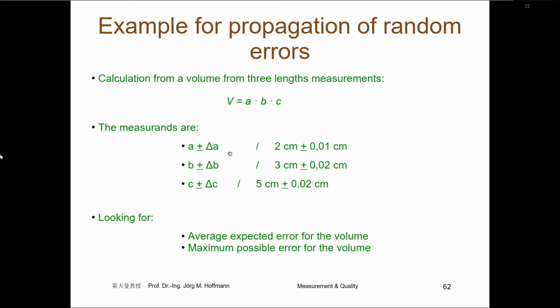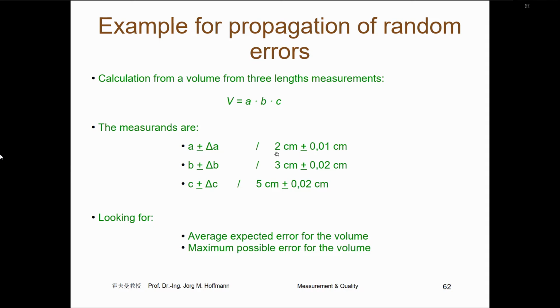If that would be a standard deviation, the calculation would be exactly the same, and then you also get a resulting standard deviation. But because we have no standard deviation, we have to take an error from another source.